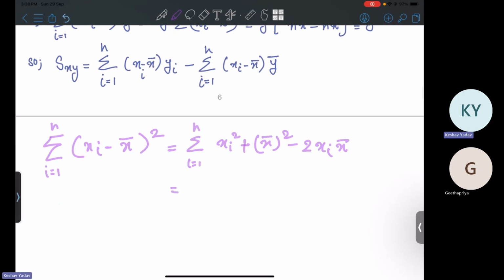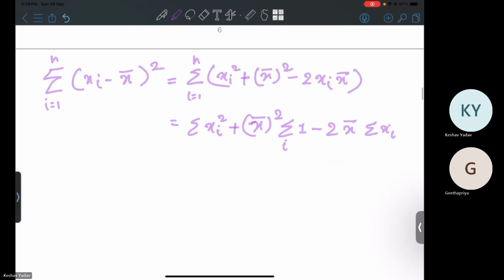Now if you take the summation in every term, this will be summation of xi square, plus this x bar is constant, so that will come outside: summation of 1 minus 2 x bar will come outside, summation of xi.